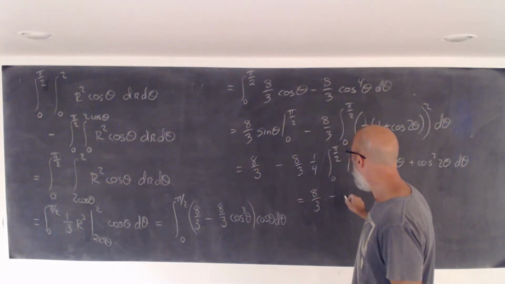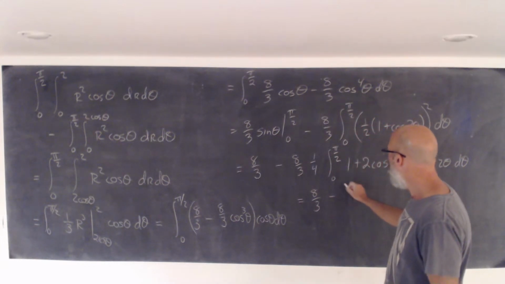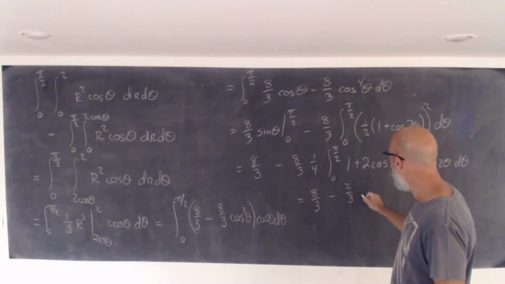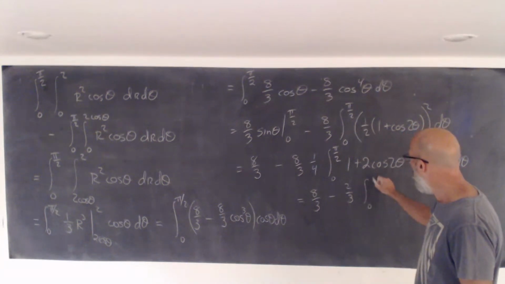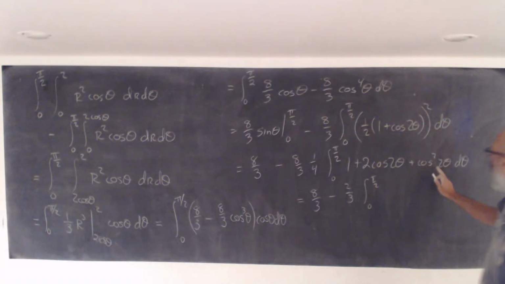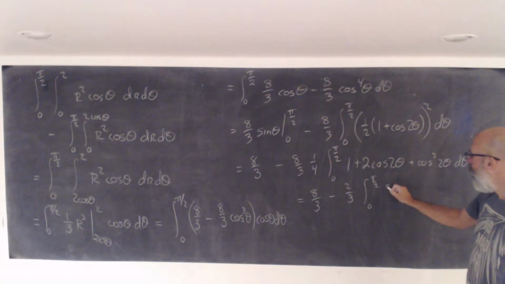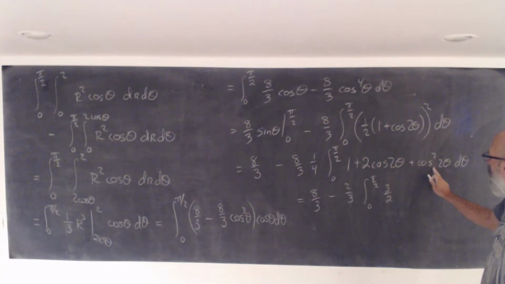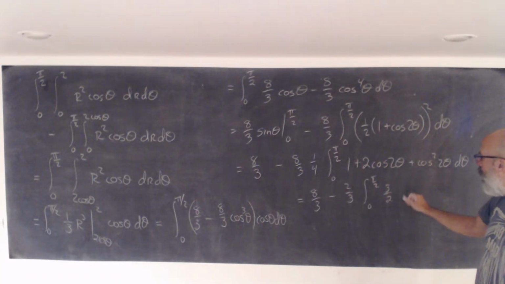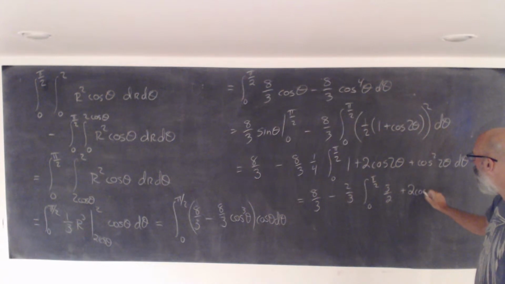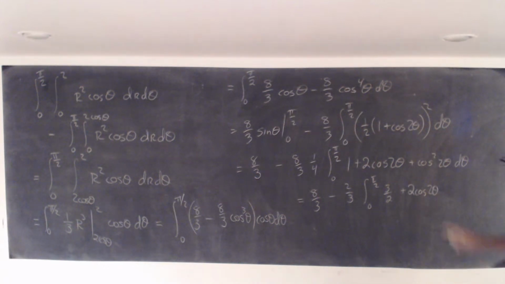So 8 over 3 minus 2 over 3 times that integral. And this cosine squared, I'll use the half angle identity again. So I get a 3 over 2, right? 1/2 plus the 1, that's 3 over 2, 2 cos 2 theta, and then 1/2 cosine 4 theta.